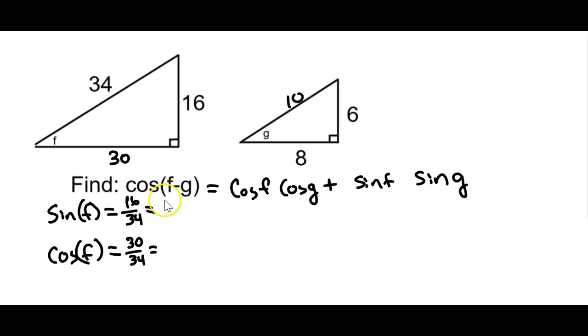And so this will reduce to 8 over 17, and this reduces to 15 over 17. So cosine of f is 15 over 17, and the sine of f is 8 over 17.